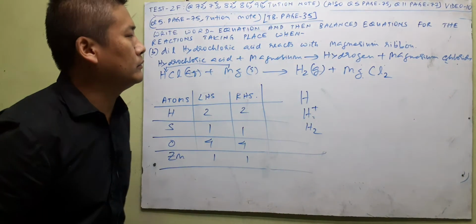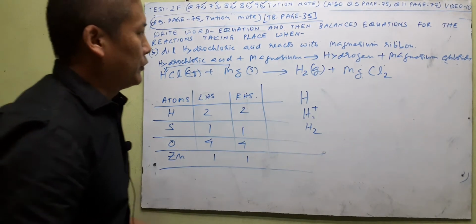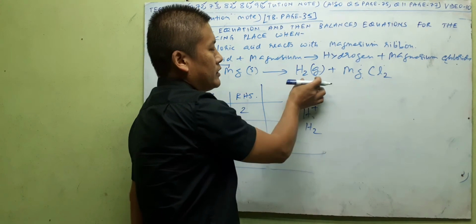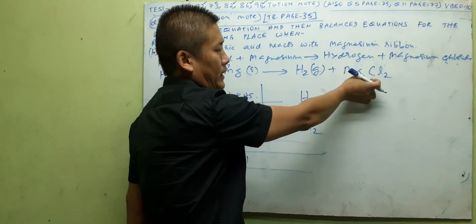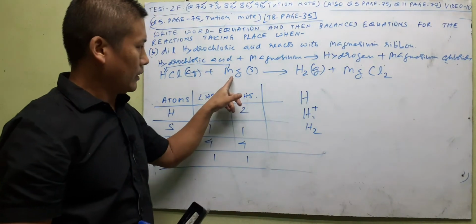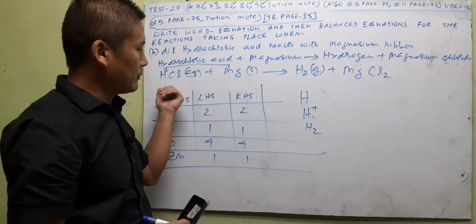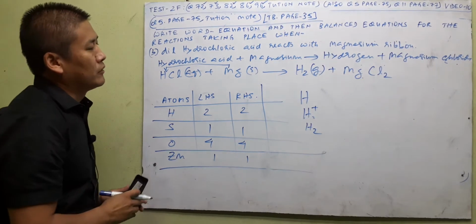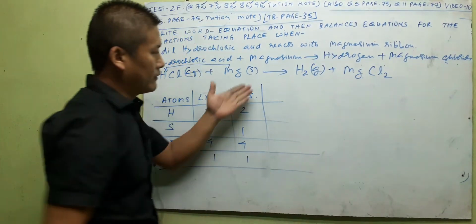MgCl2, right? Now, whether you write this H2 first or MgCl2 first is not important. You can write MgCl2 first also, okay? And H2 back. The substances on left should be correct, but position, Mg come first or HCl come, that's up to you, okay? Now, this is called a skeletal equation because we have not yet tried to balance.